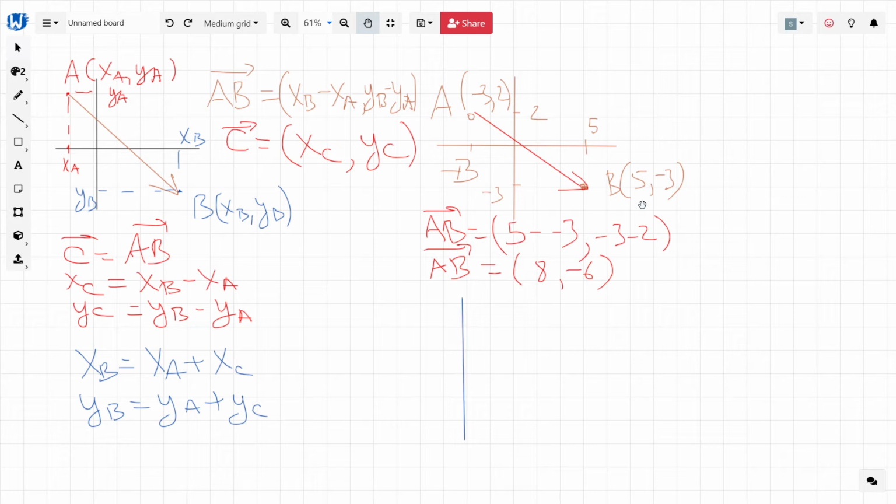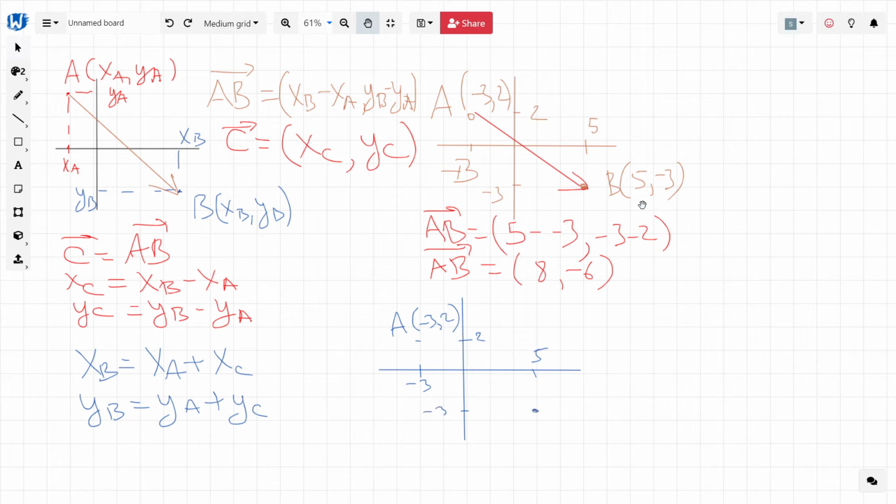And now let's bring an example to clarify things even more. So again, let's say I have a vector 8, minus 6 as before. Let's say my AB was 8, minus 6. And I had a point minus 3, 2 as A. And I had point B at 5, minus 3.